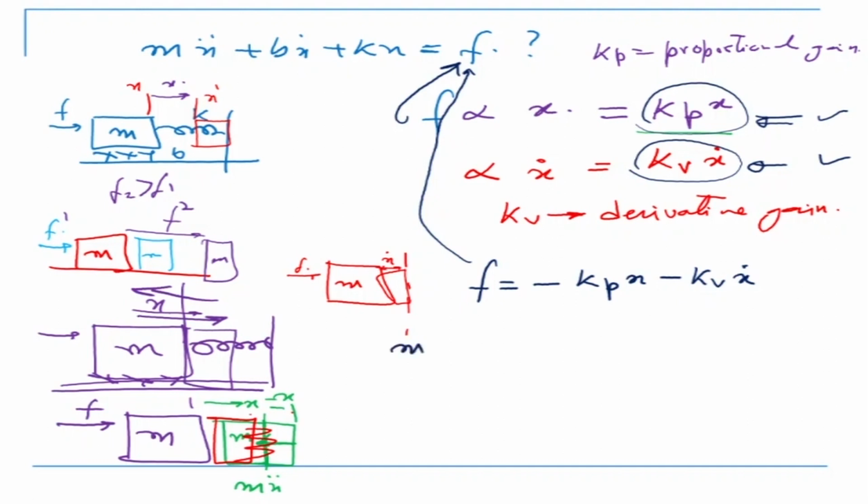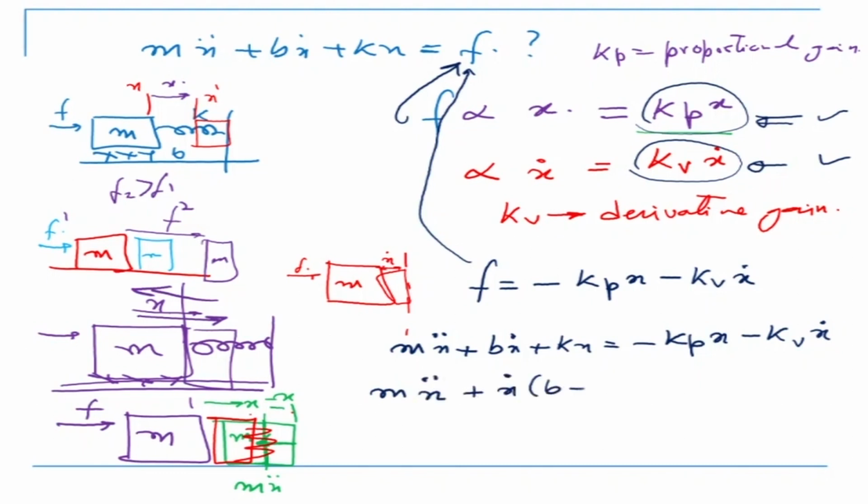m x double dot plus b x dot plus k x is equal to minus kp into x minus kv into x dot. And if I bring it together, m x double dot plus x dot into (b plus kv) plus x into (k plus kp) is equal to 0.